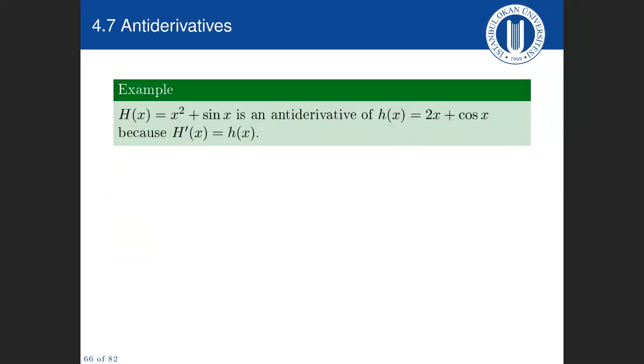X squared plus sine x is an antiderivative of 2x plus cos x, because if we differentiate x squared plus sine x, we get 2x plus cos x. Antiderivatives, you can think of as doing differentiation backwards.